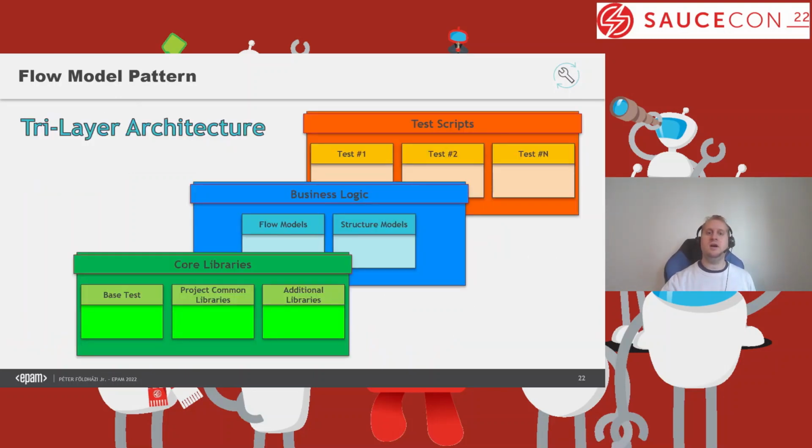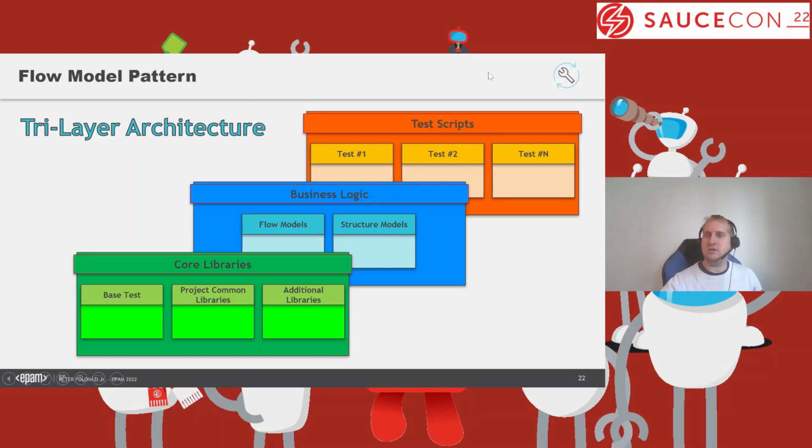so how does the flow model look like in a test automation architecture? Where do you put it? Where do you place it? So if you're leveraging a tri-layer architecture where you have test scripts, business logic, and the core libraries that are common libraries basically, then you should have it somewhere in between in the business logic, because they are the ones that are really defining how your pages look like and what are the user actions that you are doing on those pages.